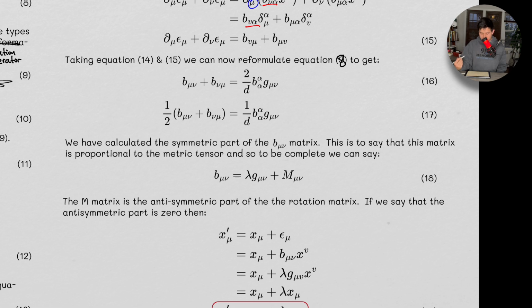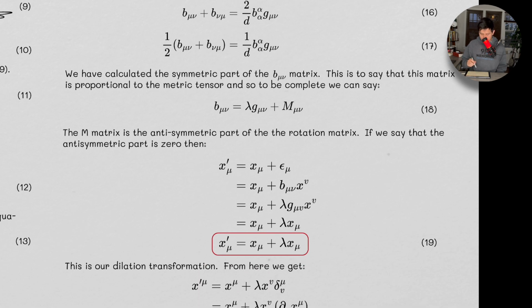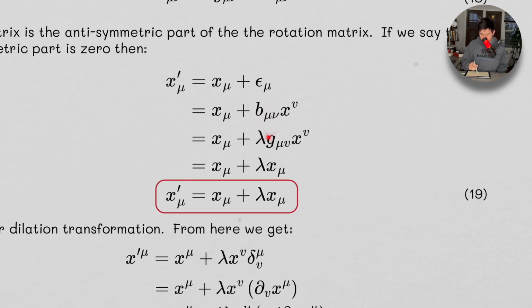But if we want to be complete, we can add on this anti-symmetric part as well. So if the anti-symmetric part is 0, then we can say that our transformation, well, if it's this guy again, we defined in this way, but this we defined as transforming as proportional to the metric.